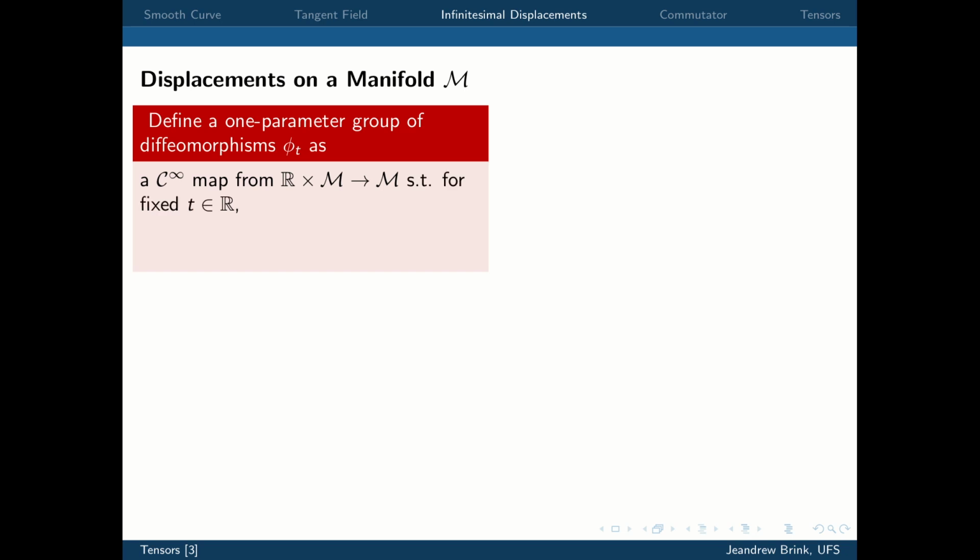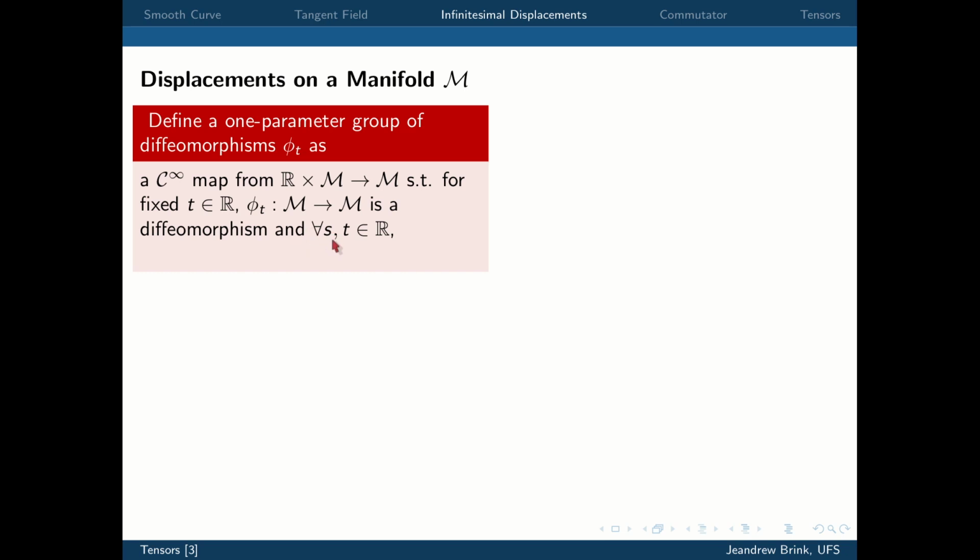And so the condition on this diffeomorphism is such that if you fix t in R, which is basically the size of my displacement, then phi of t for a fixed t is simply a map of the manifold to itself. Okay, so in this coffee cup example, I fix t, so suppose I make it, say, 0.5. I want to move every single point on this vertical line on my coffee cup 0.5 to the right. Okay, so that thing is a diffeomorphism.